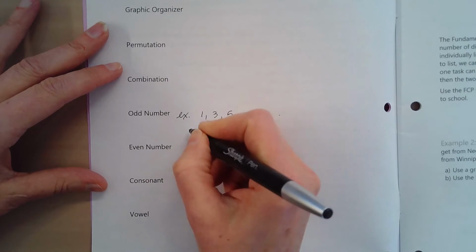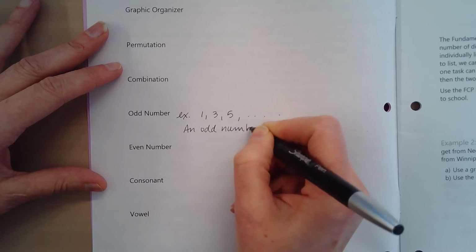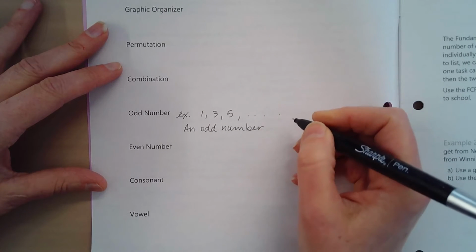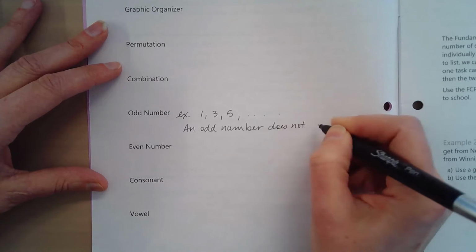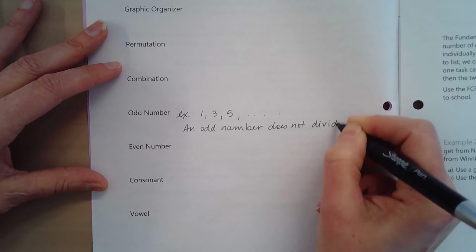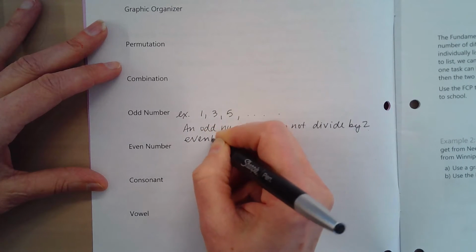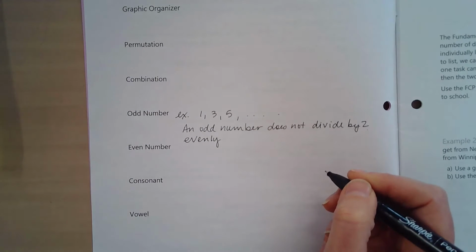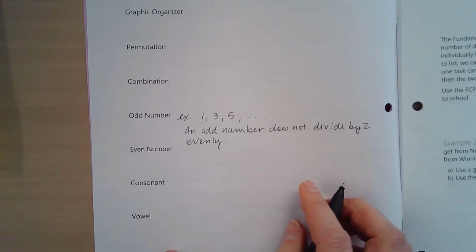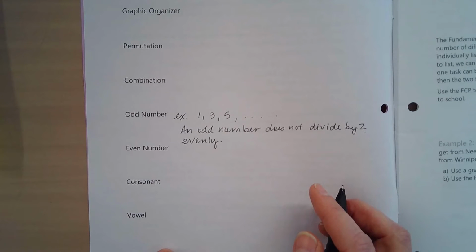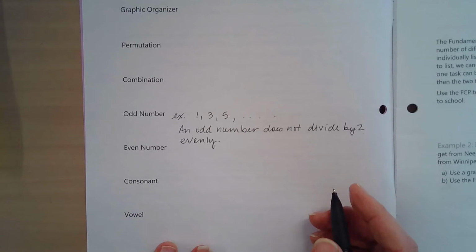And John said an odd number doesn't divide by 2 evenly. I can divide it by 2, but I'll get a remainder, right? How about prime numbers? I'm going to have to add that one in. I forgot that one, Abdullah.